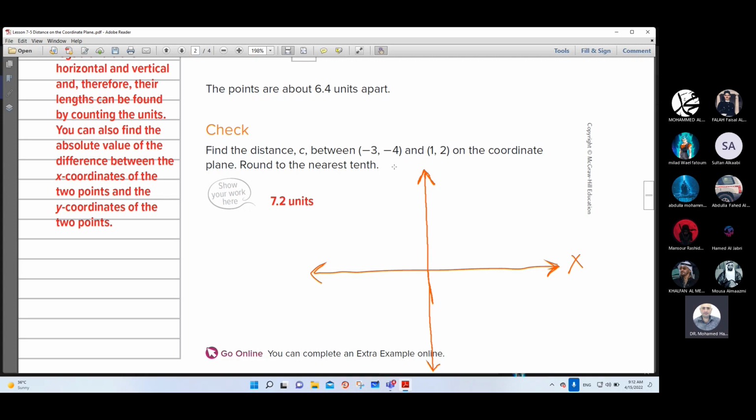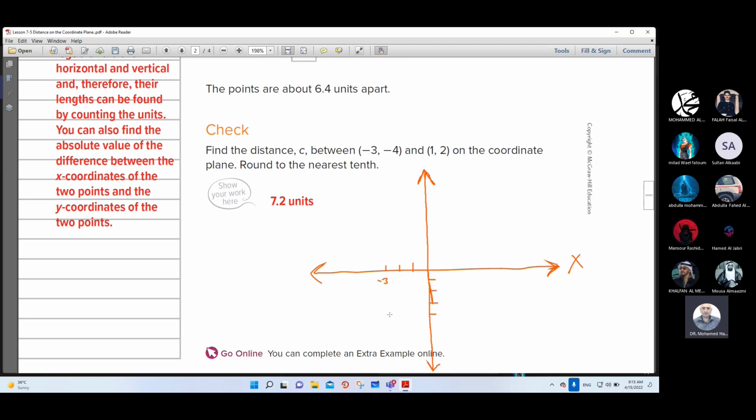Represent the first point, -3 here, -1, -2, -3, and -4.